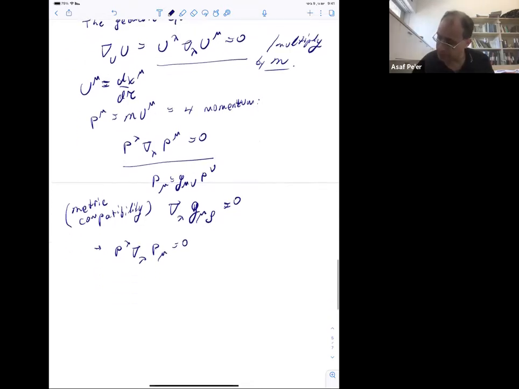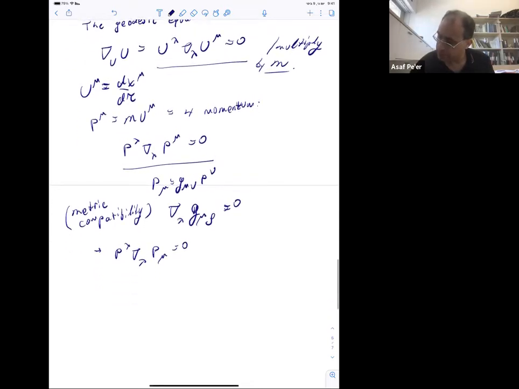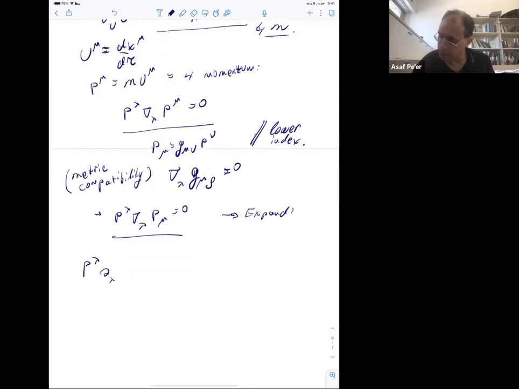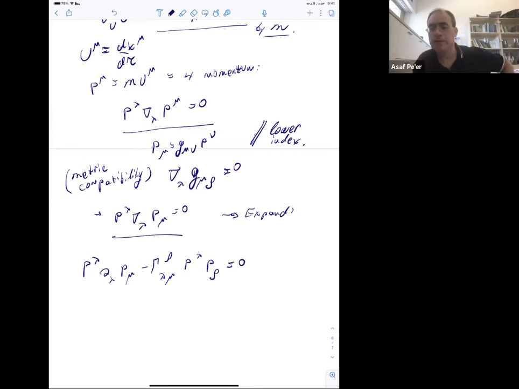And now I can expand that. So we have p lambda d lambda p mu minus gamma rho lambda mu p lambda p rho is equal to 0. That's just writing down the covariant derivative.